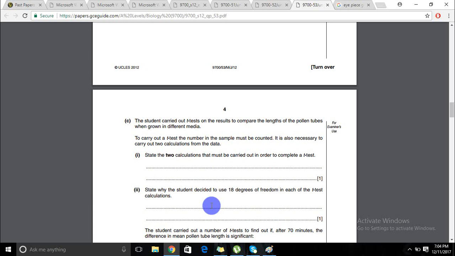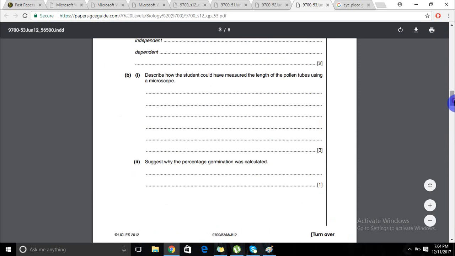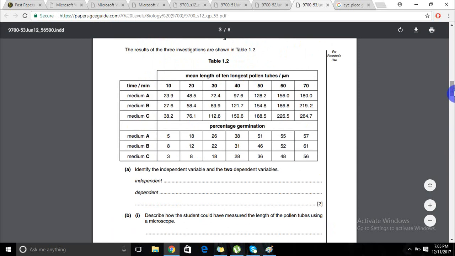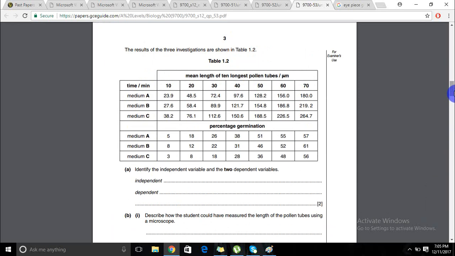And since the student decided to use 18 degrees of freedom in each of the t-test calculations, how do you calculate the degrees of freedom? The formula is n1 minus 1 plus n2 minus 1, where n1 is the number of samples for the first set, and n2 is the number of samples for the second. So how many samples are there? 1, 2, 3, 4, 5, 6, and 7.